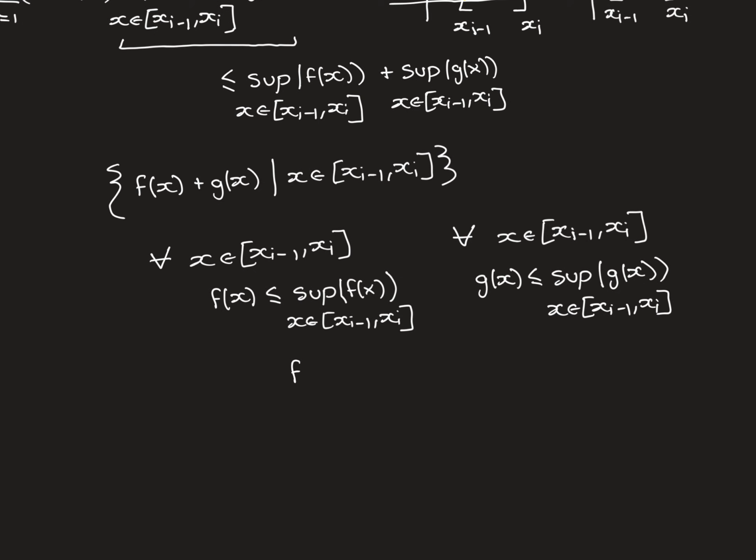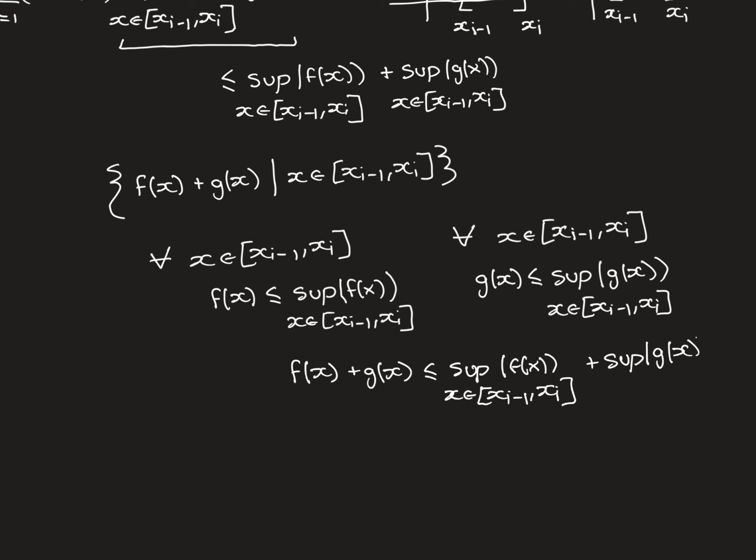So I now have that f of x plus g of x is less than or equal to the supremum, as x is allowed to vary over xi minus 1 to xi, of f of x plus the supremum of g of x, again as x is allowed to vary over the interval xi minus 1 to xi. And that's exactly what I wanted to prove.